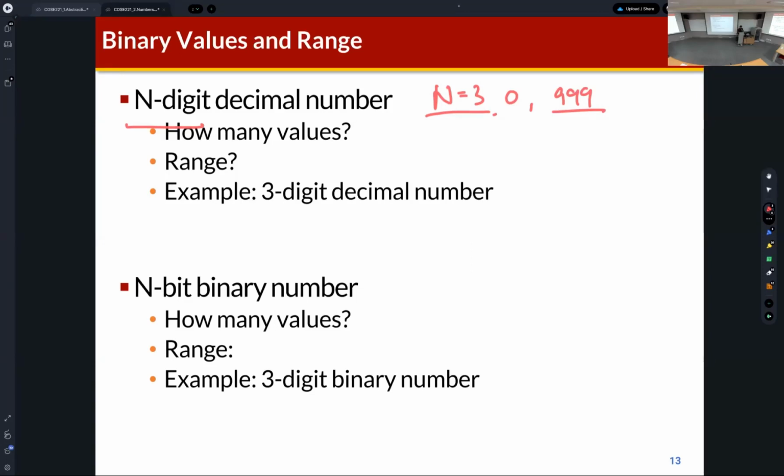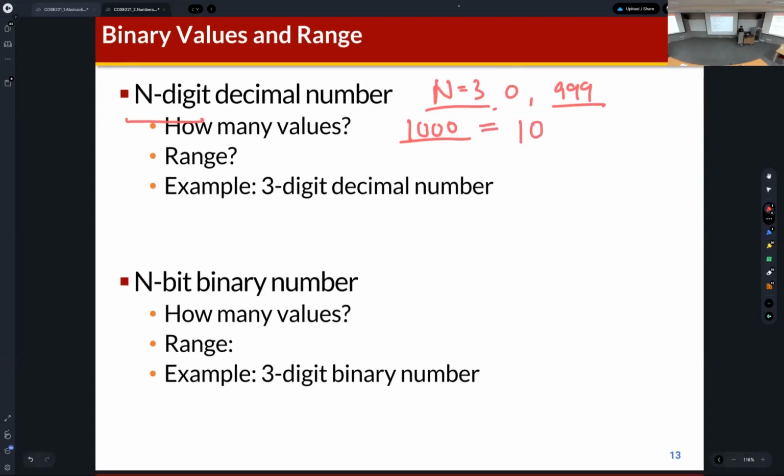We can represent 1,000 different numbers using 3 digits of decimal number, and it is equivalent to 10 to the power of 3. And then what's the range? Range is 0 to 999. Okay.